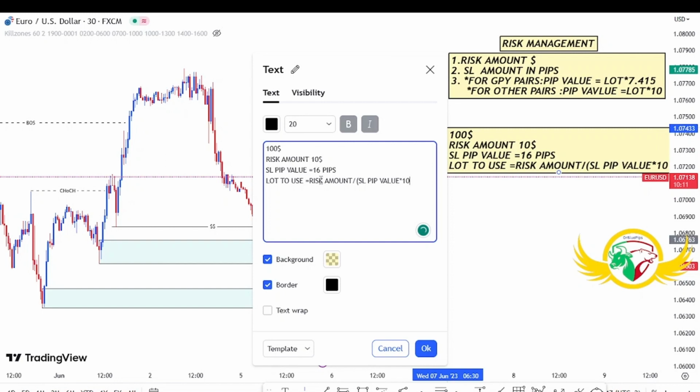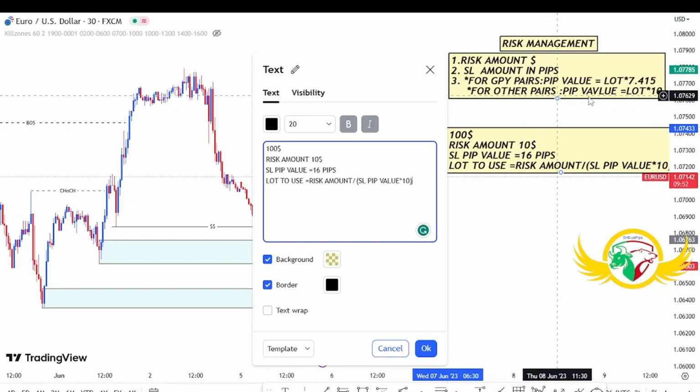This is for non-JPY pairs. For JPY pairs we will be using 7.415.